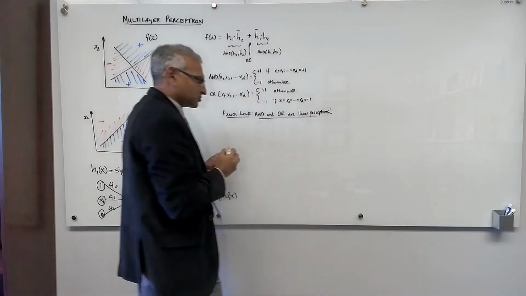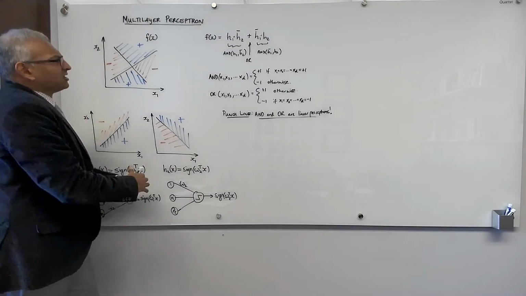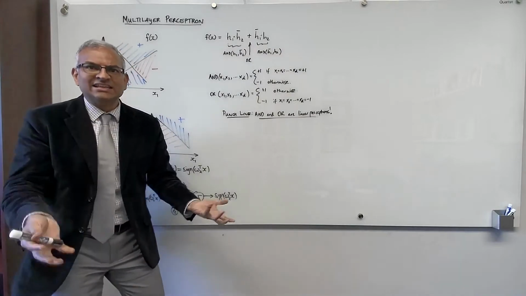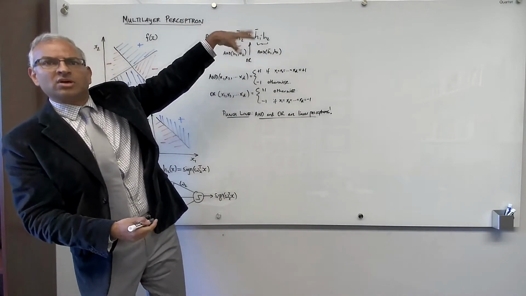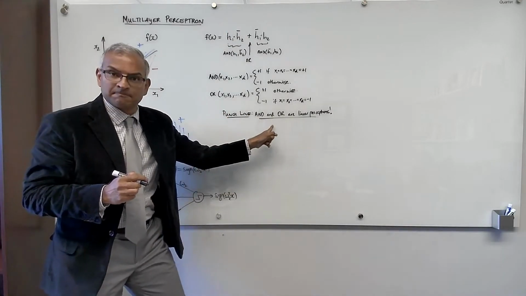Bam. And so now the fog should slowly be clearing. So if H1 and H2 are linear perceptrons, and the ANDs and ORs are linear perceptrons, then F is somehow a complicated combination of all kinds of linear perceptrons. So let's prove this.